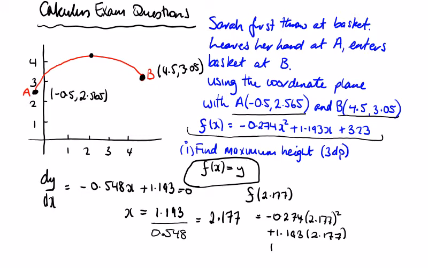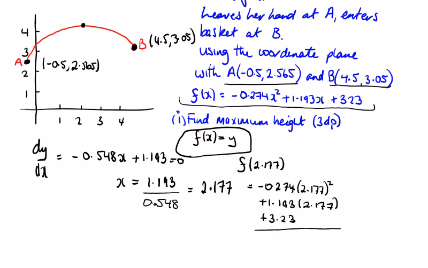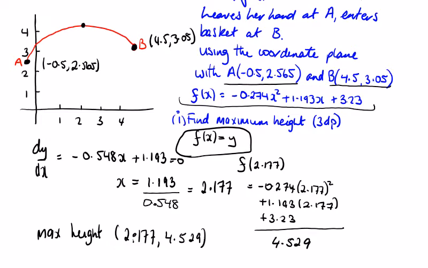And then we're going to have to add on 3.23. Just type this into your calculator and you're going to get a y value of 4.529. So my max height is at 2.177, 4.529.